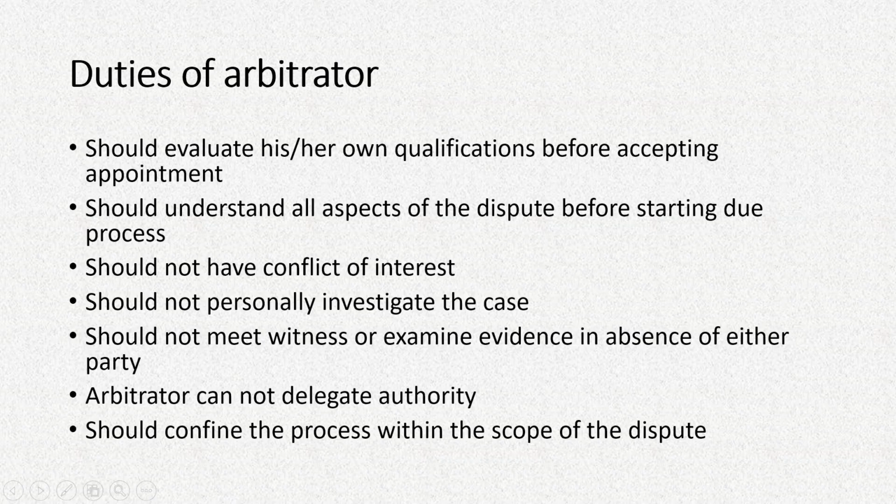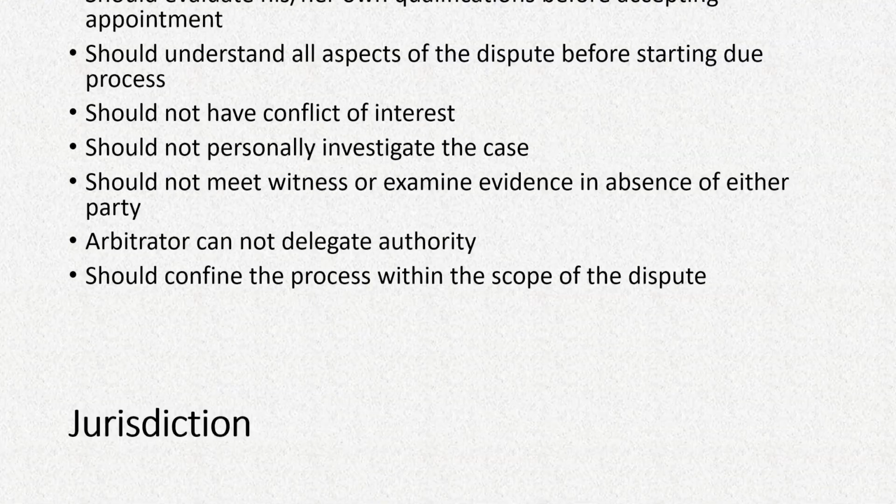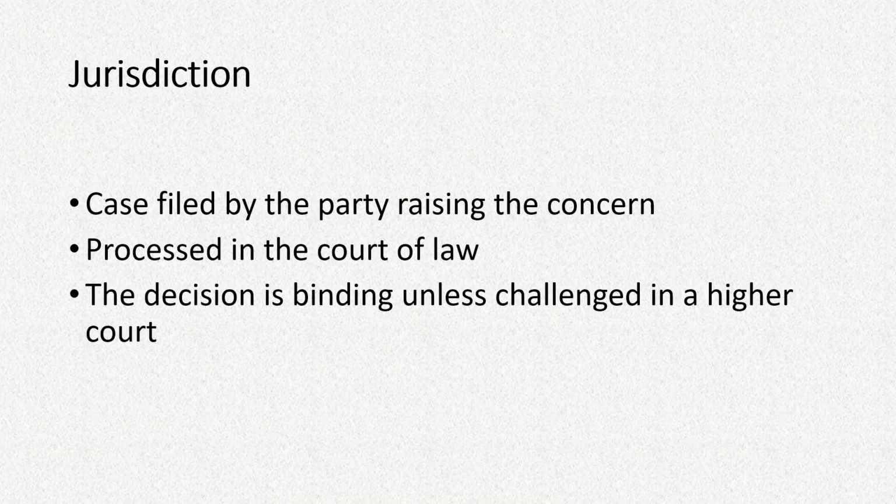Now, if the arbitration fails, or if the judgment given by the arbitrator is not accepted by the party, then they can go for the next level of dispute resolution, that is jurisdiction or the court of law. Here a case will be filed by the party who was raising the concern, and it will be processed in the court of law, and the decision is binding if it is given by the judge, unless it is challenged in a higher court.